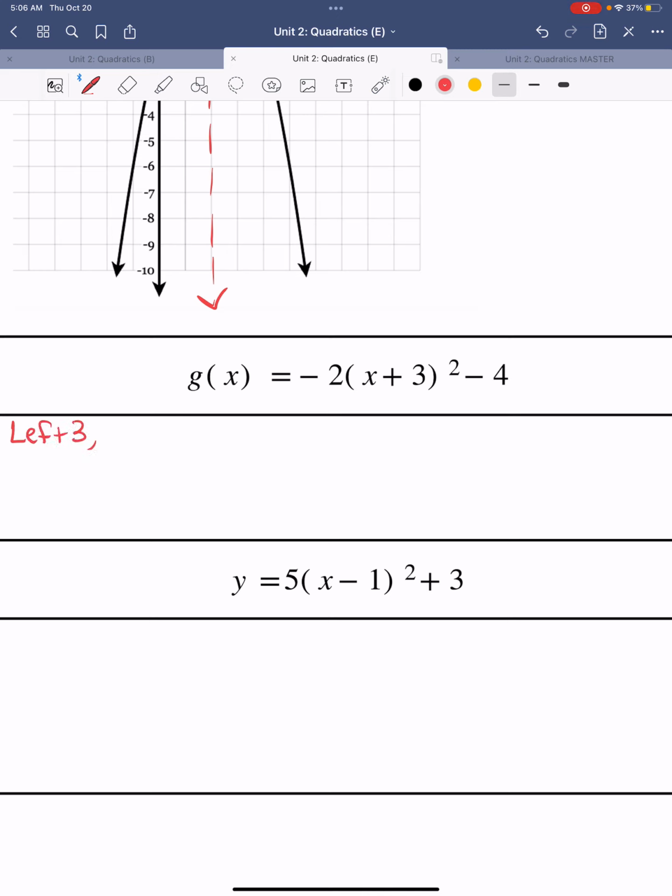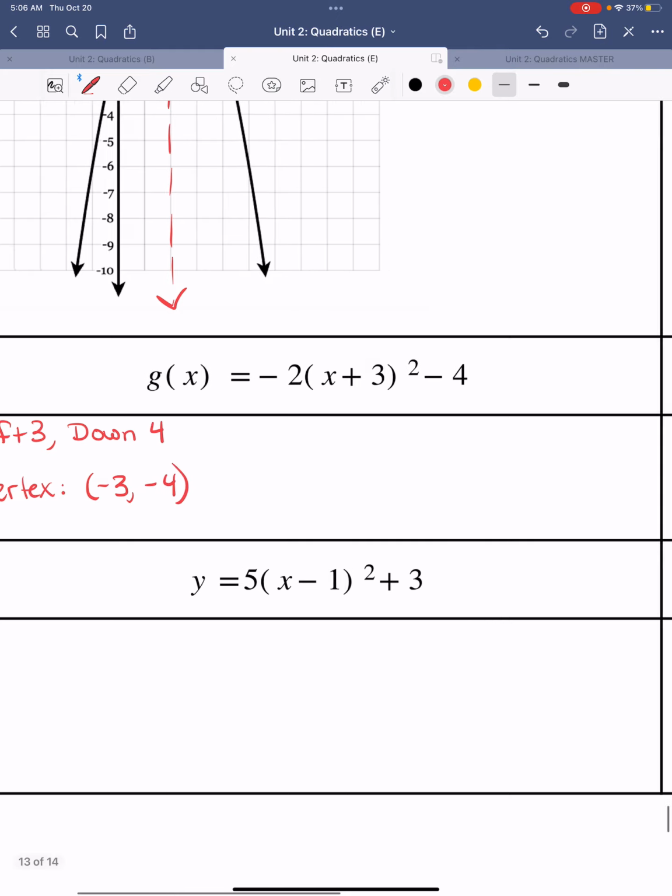And then I have negative 4 on the outside, so then it's going to move down 4. Which means my vertex, if I'm moving to the left 3, that means it's negative 3. Down 4 is negative 4.